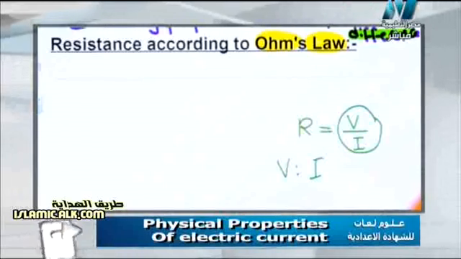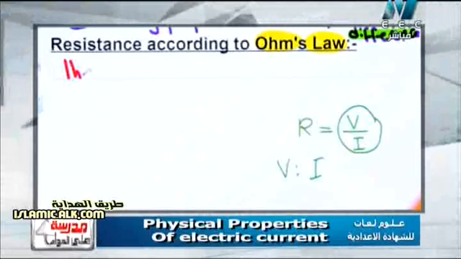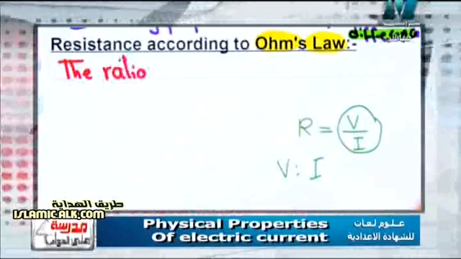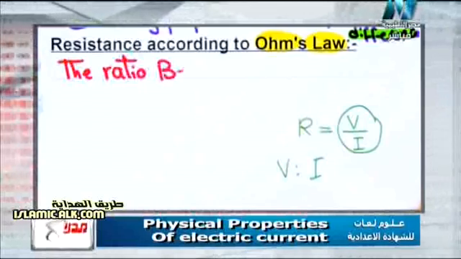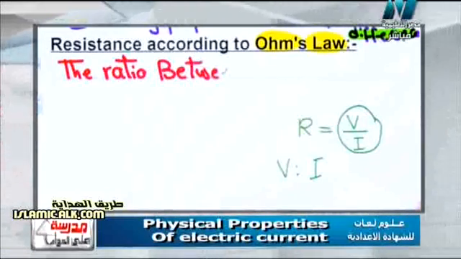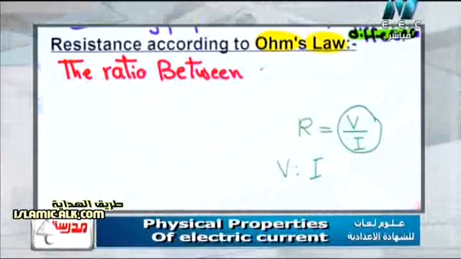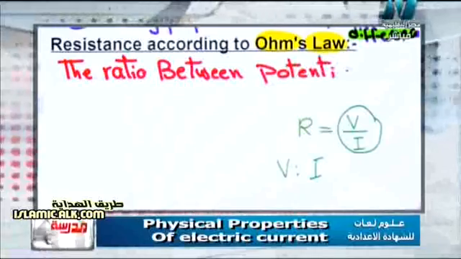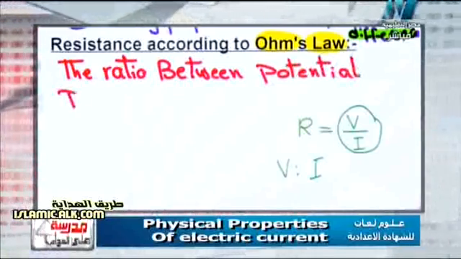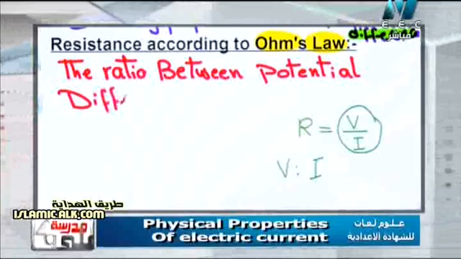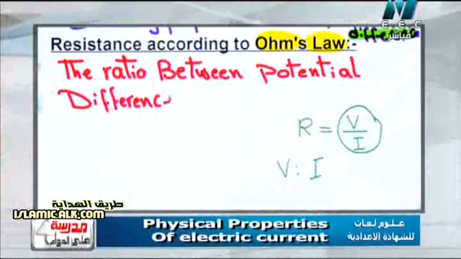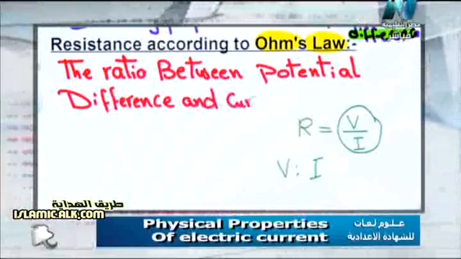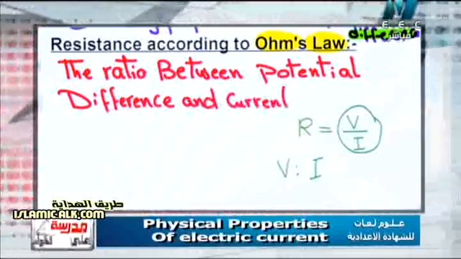It is the ratio between potential difference and current intensity.